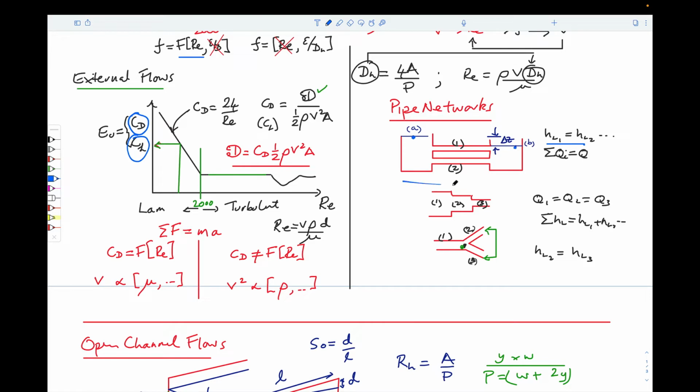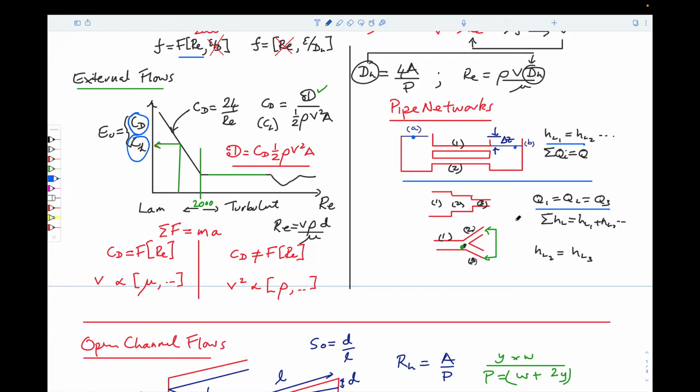If you have a pipe network which is in series, then you know that the volumetric flow through pipe 1 is equal to the volumetric flow through pipe 2. So the flow rates are the same in all pipe sections, but the head losses are cumulative as you go from upstream to downstream.